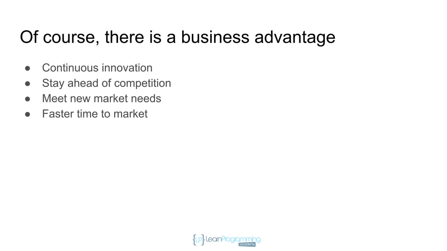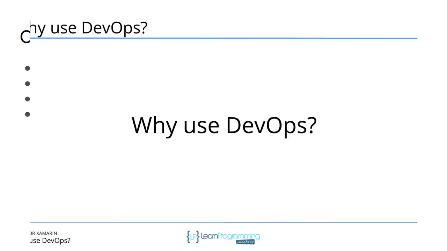Faster time to market means that you again stay ahead of your competition. It's just going to become very hard for a competition that doesn't use DevOps to keep up with you. This is a key business advantage, and that is precisely why companies like Amazon, Facebook, Netflix, Adobe are implementing DevOps in their development process.